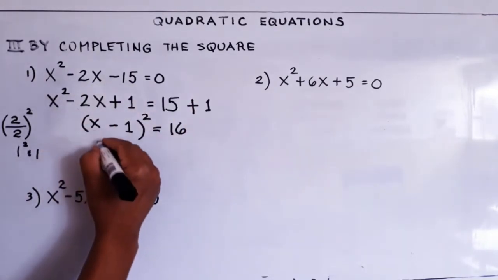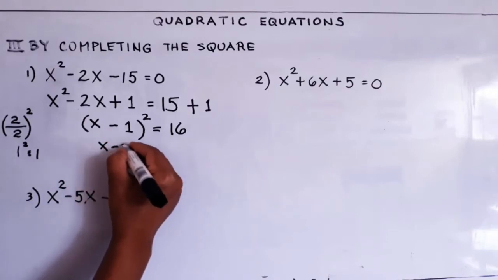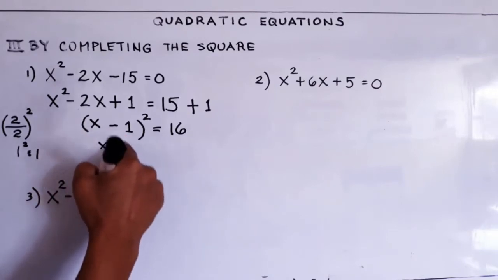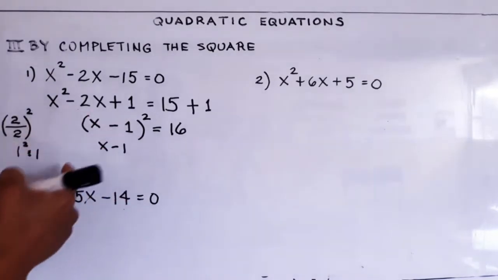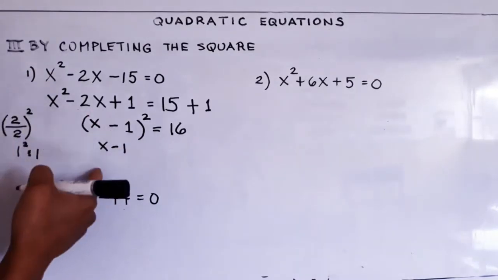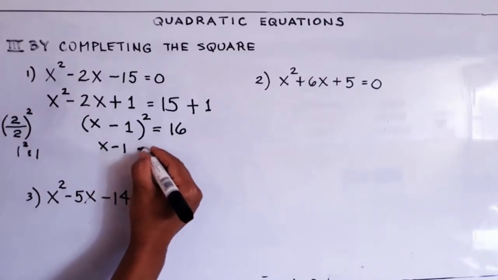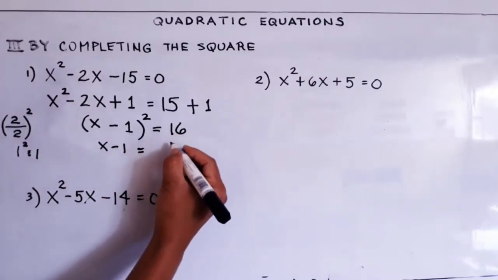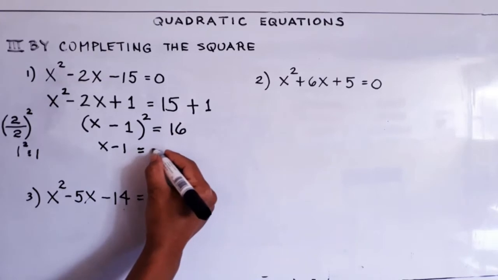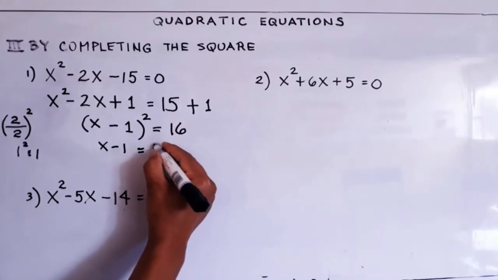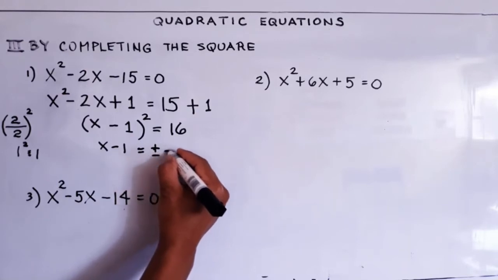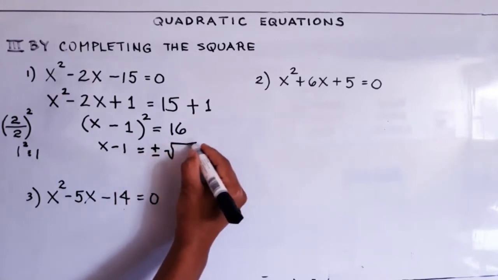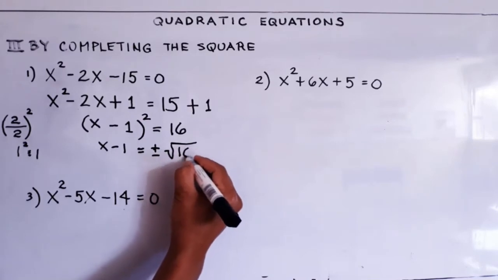So we have only x minus 1 to the first power, or we can just simply remove the parentheses here, is equal to, this time, 16 to the 1/2, and now don't forget to write the plus and minus square root of 16 on our side.